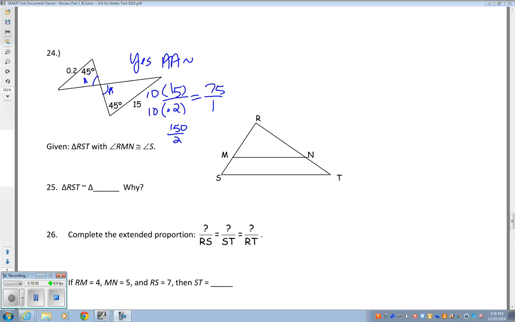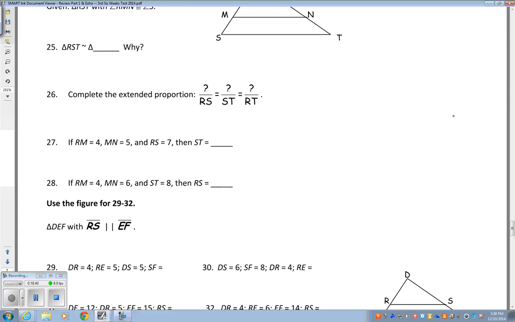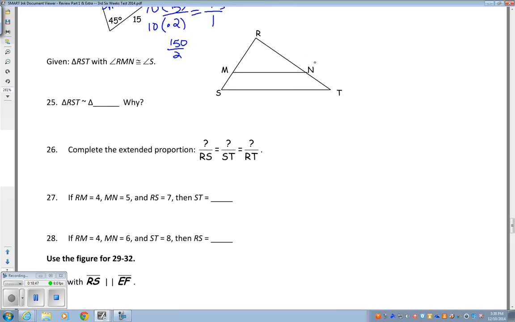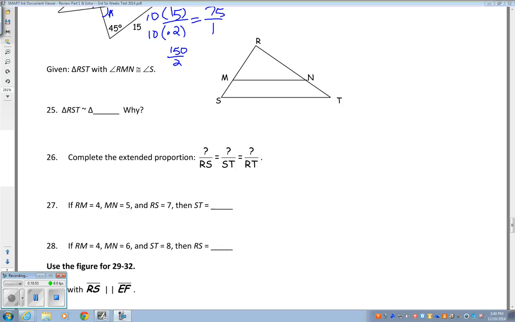All right, now 27. The problem on 27 and this triangle up here go together. So use the triangle to help you problem solve, but you need to try 27 right now. If you label the picture, 27, RM is 4, MN is 5, RS, you have to have the whole, is 7. We're trying to find x. We could have different proportions.